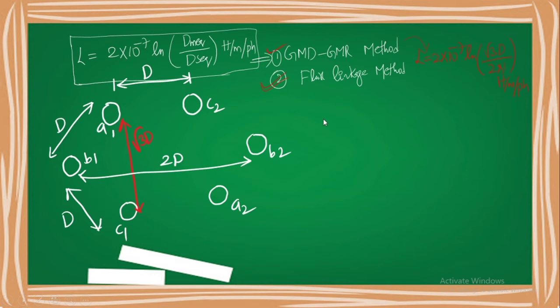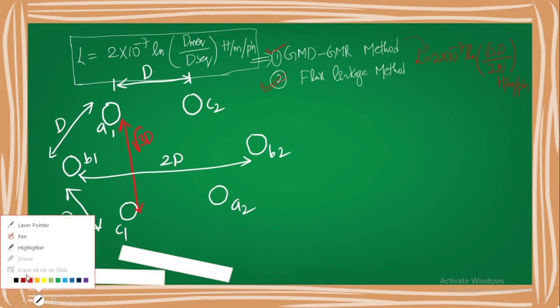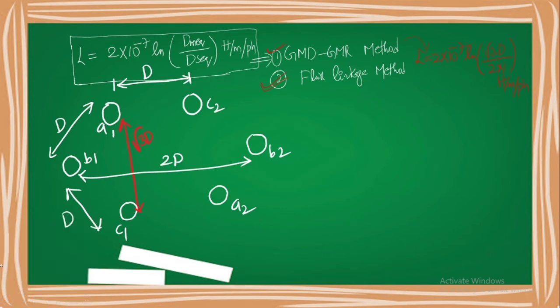Now I am finding the inductance by using the GMD and GMR method. Let us see first what is meant by Dm equivalent. It is equivalent GMD. How can we find it? It is the cube root of GMD between A and B, GMD between B and C, and GMD between C and A. Similarly, what is Ds equivalent?